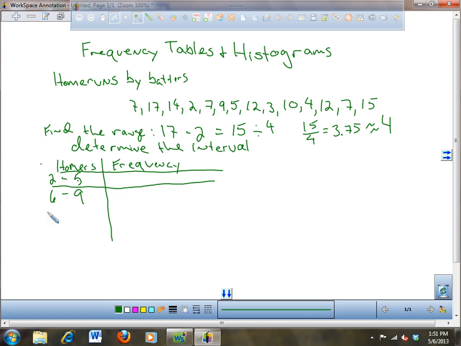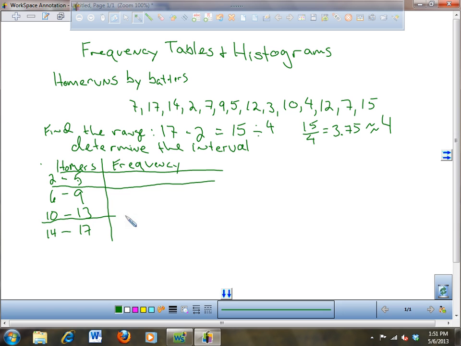And then from 10 to 13, so I'm adding 3. And then from 14 up to 17: 14, 15, 16, 17. There are 4 numbers that could go in each of these intervals: a 2, 3, 4, or 5, and then a 6, 7, 8, or 9, and then 10, 11.